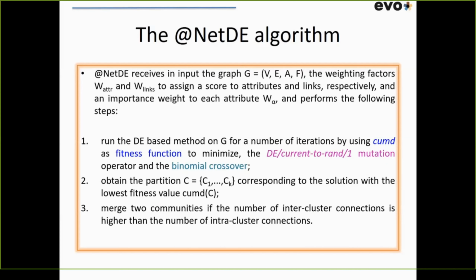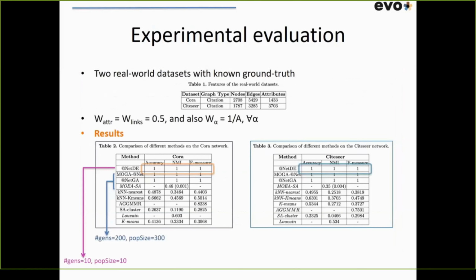Second, obtain the partition C corresponding to the solution with the lowest fitness value CUDM of C. Third, merge two communities if the number of inter-cluster connections is higher than the number of intra-cluster connections.